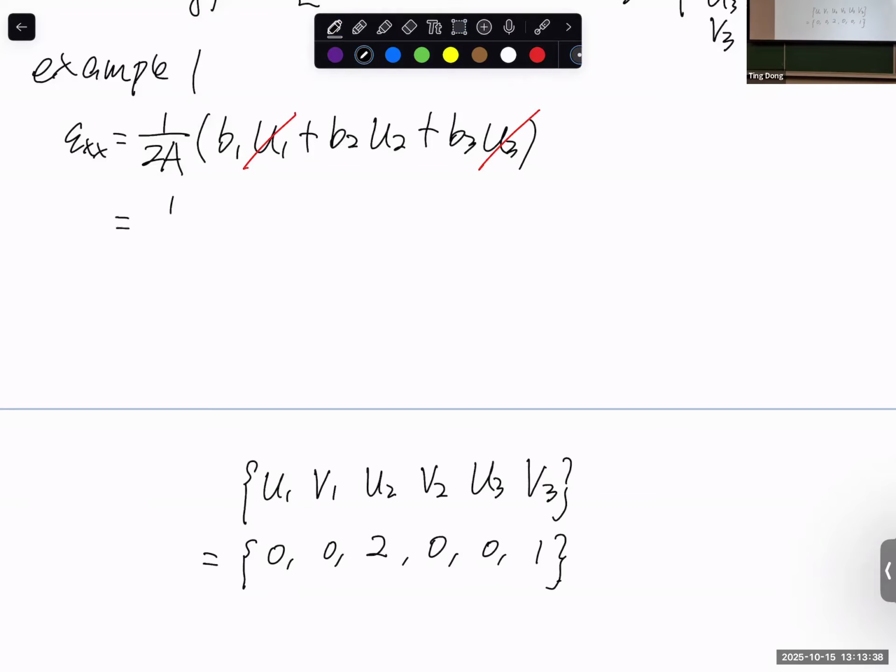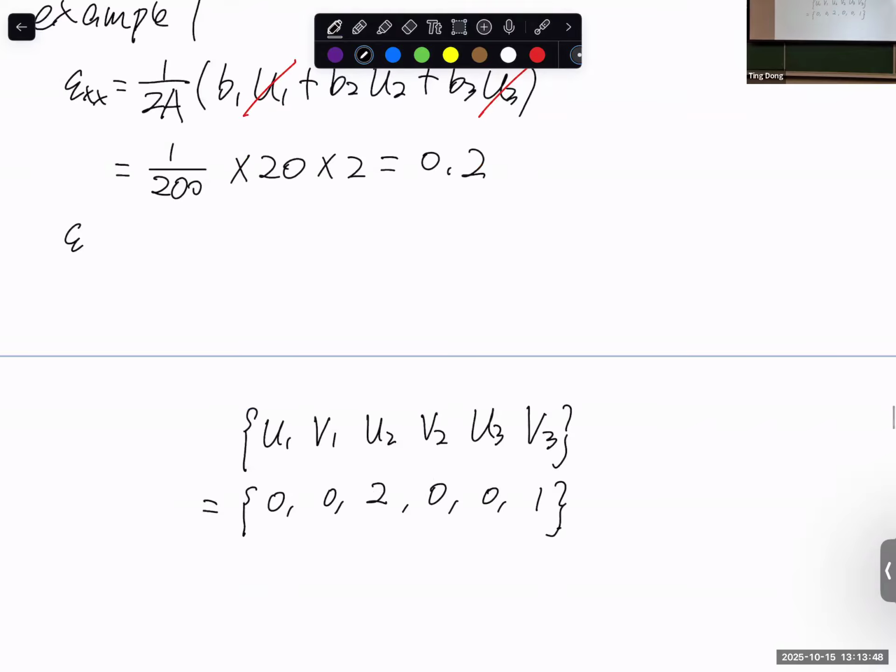We also calculated in the last class 1 over 2A, which is 1 over 200, B2 equals 20, U2 equals 2. So this is 0.2. Similarly, strain in the y direction equals C1 V1, C2 V2, C3 V3.